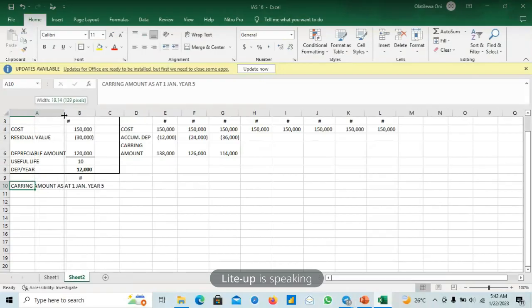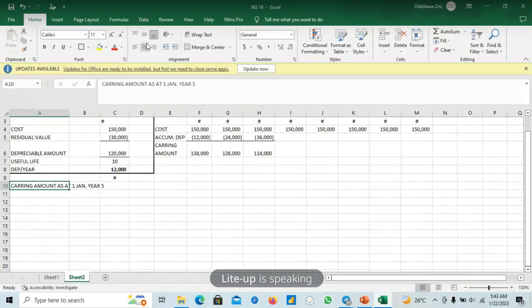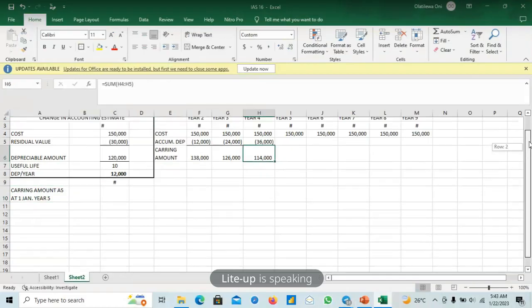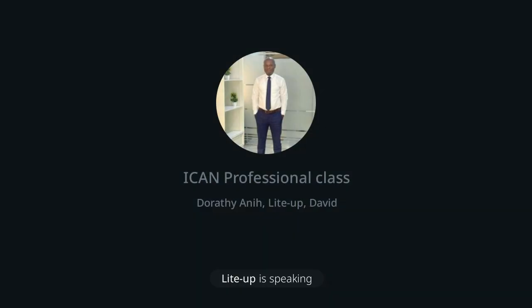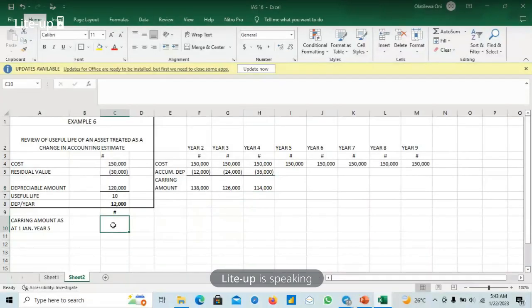That's what we are going to be working on now. The closing balance in year 4 is going to be the carrying amount as at 1st January year 5. So we have it here, 114,000. That's the carrying amount as at 1 January year 5.